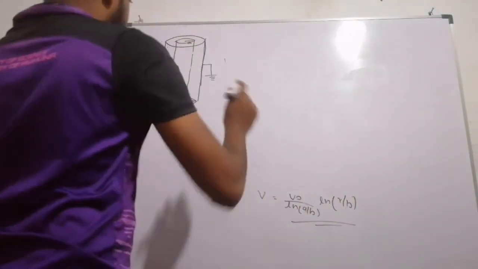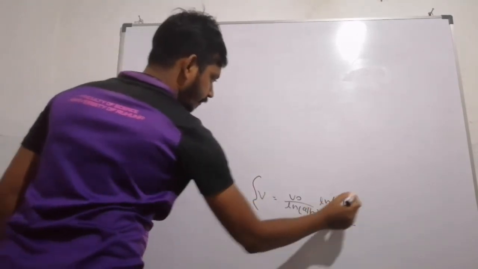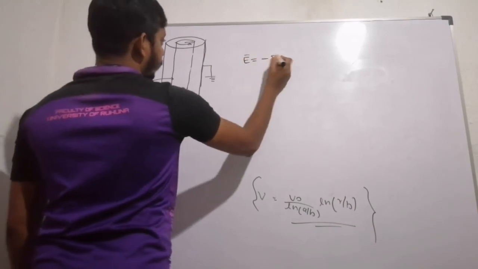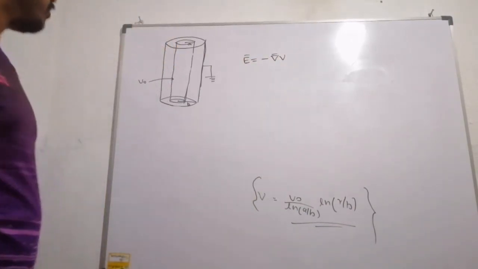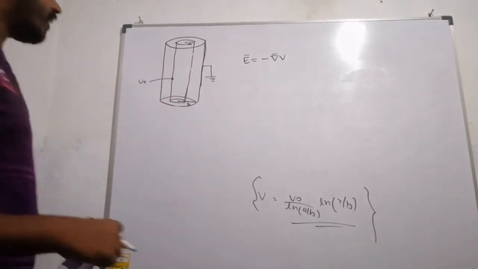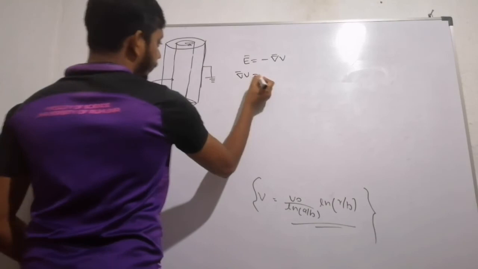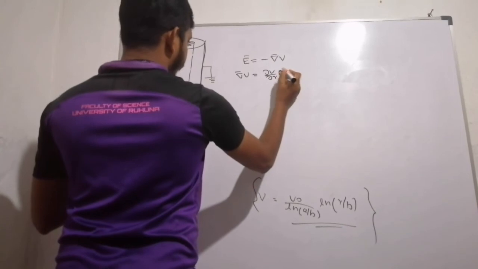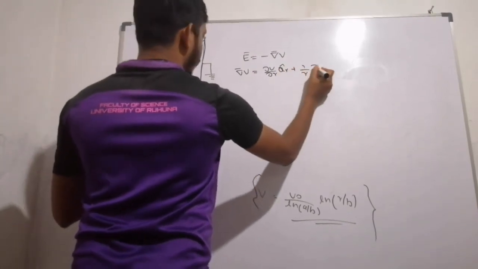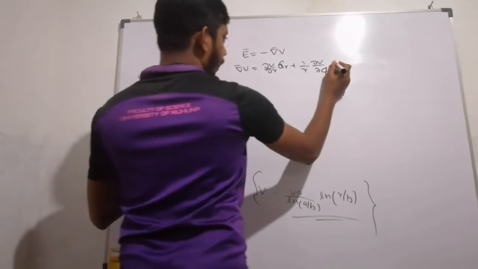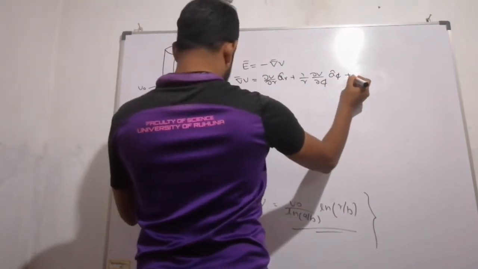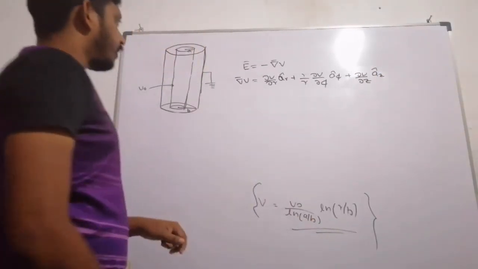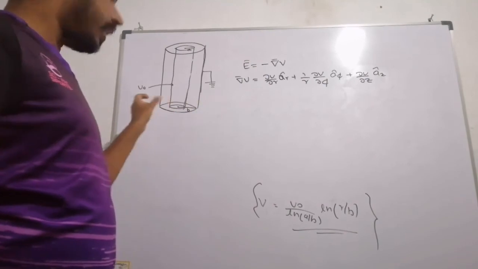As we know, E equals minus grad V. We are using the cylindrical coordinate system. So let me write down grad V for cylindrical coordinates. It is dV over dR in the a_R direction plus 1 over R dV over d phi in the a_phi direction plus dV over dZ in the a_Z direction. As you know, potential depends only on R, the radius.